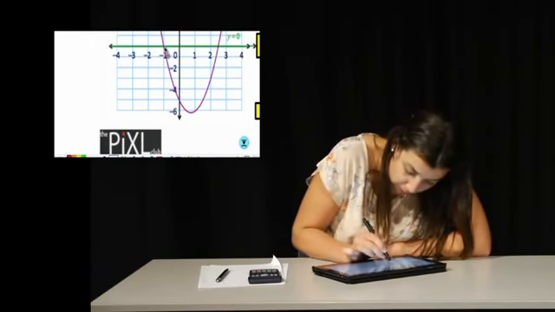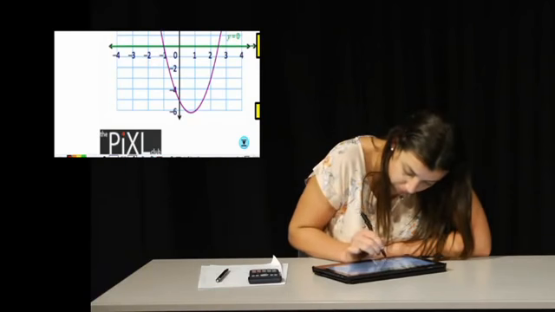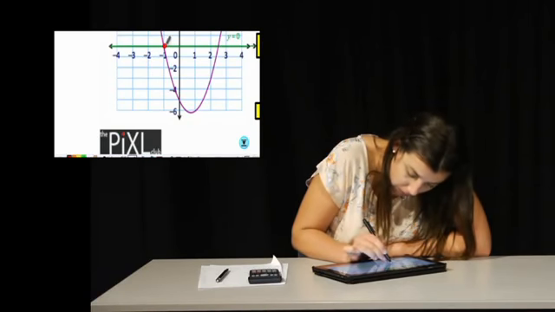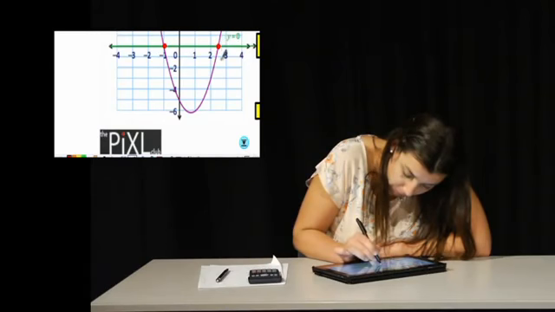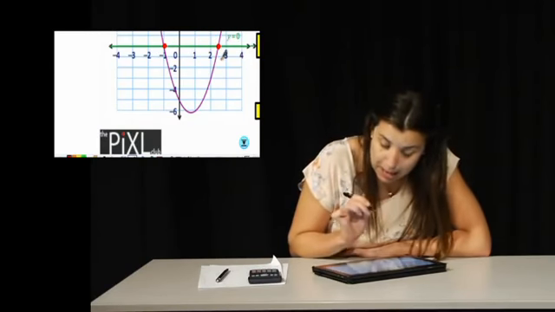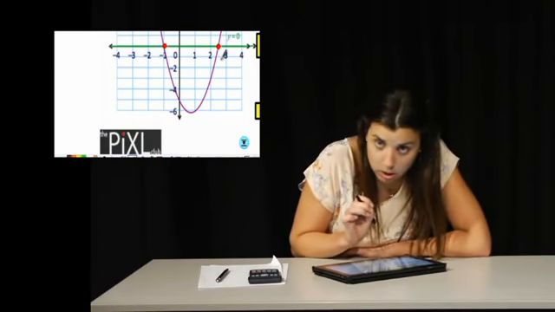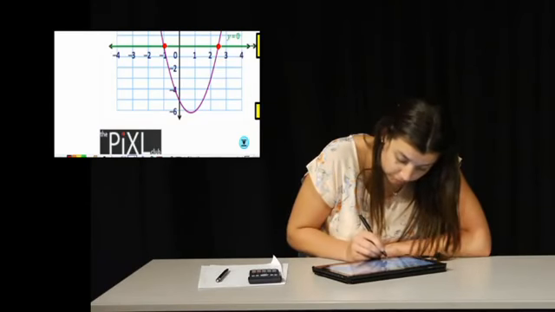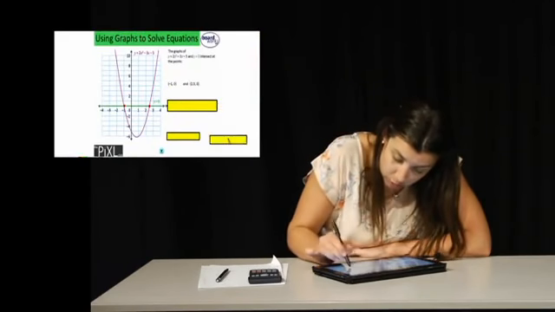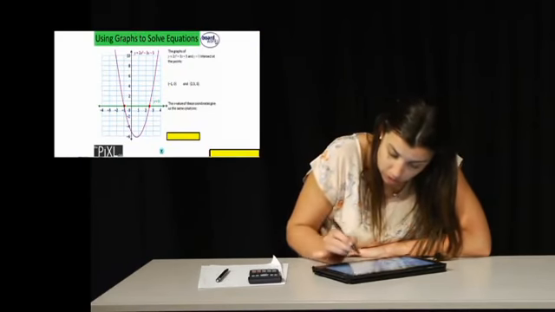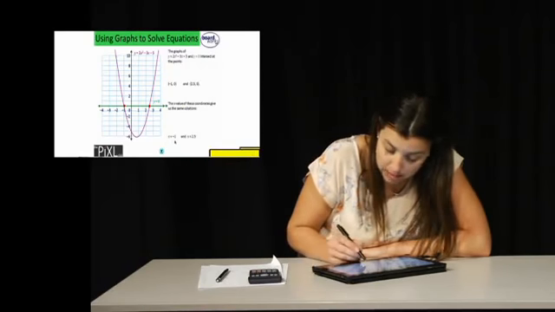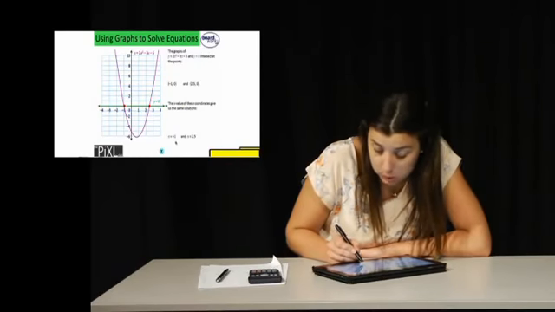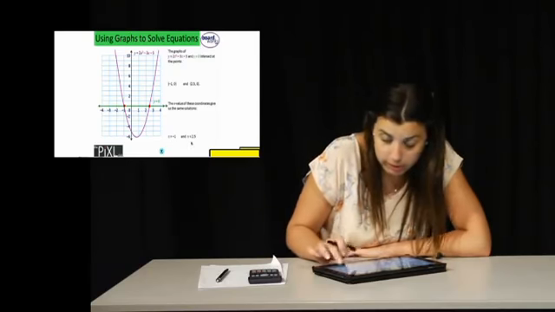Let's label our crossing points. Here and here, as we did before. x equals -1, x equals 2.5. Just what we found before. So it's the same solutions, x equals -1 and x equals 2.5.